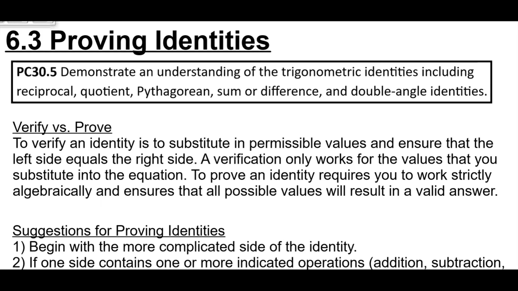In order to prove an identity, you have to work strictly algebraically. So we're not going to have any numbers going in there that we replace in for our variable. And this ensures that all possible values will result in a valid answer. It means every single possible value is going to work instead of just a small handful that you check individually.